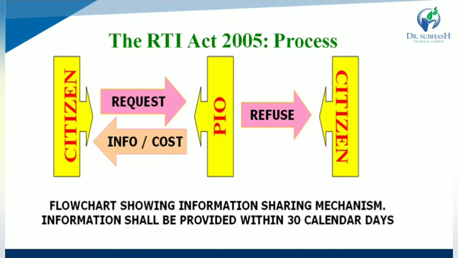But if any error occurs, like a copyright error, a commercial error, or a security error, then the Public Information Officer rejects the citizen's application.